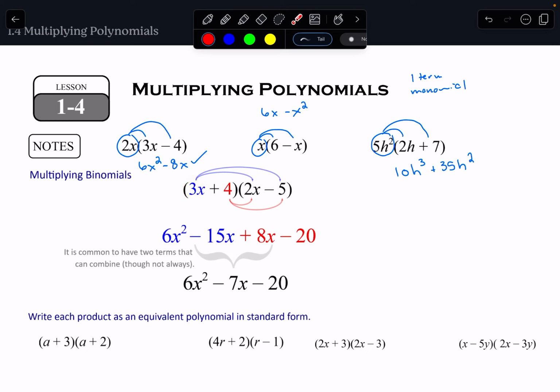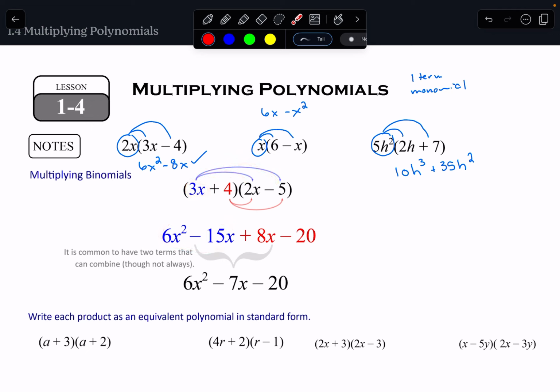So if you look at this, you take the 4 that's in the first parenthesis and you times it by the 2x, and you times it by the negative 5, and that gives you these two red numbers down below. But you also have to take the 3x that's in the first binomial and times it by 2x and negative 5, and that gives you the 6x squared and the minus 15x.